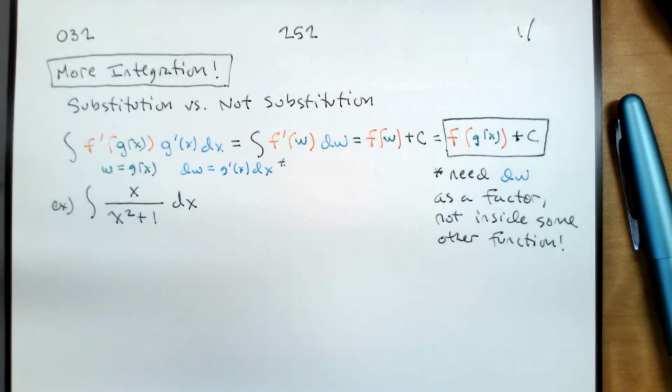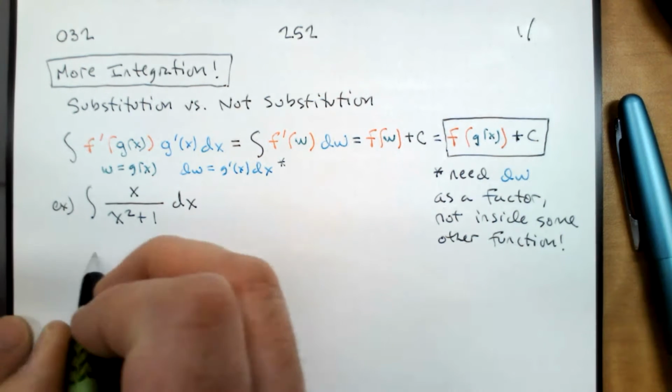And the x squared plus 1 is sitting inside the 1 over x function. So this one is a substitution problem. The thing that might jump out at us first is we see the x squared and an x. So it makes sense for us to say x squared is our inside function, our g of x, and x is going to be the g prime of x. And that's exactly what happens here.